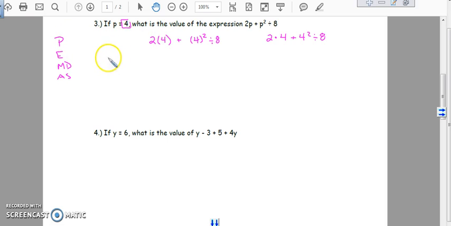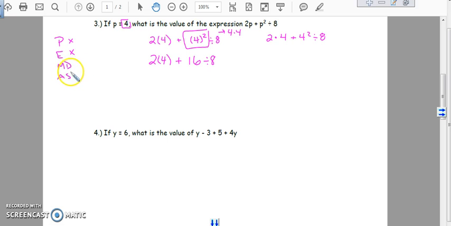So I don't have anything in actual parentheses. I do have exponents, so I'm going to work with this. Again, that means 4 being multiplied 2 times, so that's 4 times 4. So 2 times 4 plus 4 times 4 is 16 divided by 8. No more exponents. Multiplication or division.